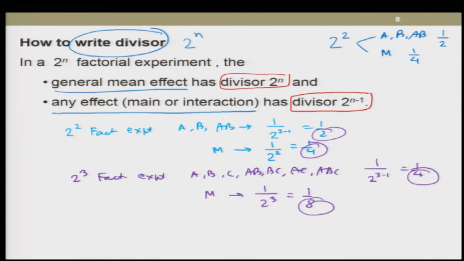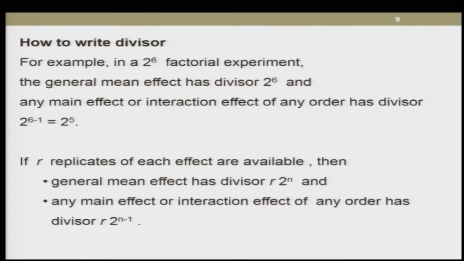Now, you can connect from the first lecture to this lecture and understand how these divisors come into the picture. Just as an example, if you consider a 2 to the power of 6 factorial experiment, it is very difficult to write down the different types of averages to decide how to compute the main effect or the interaction effect.